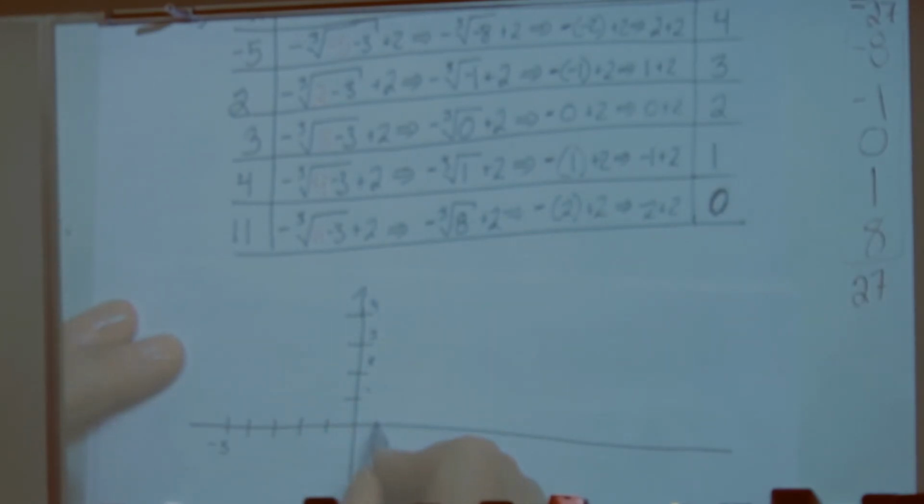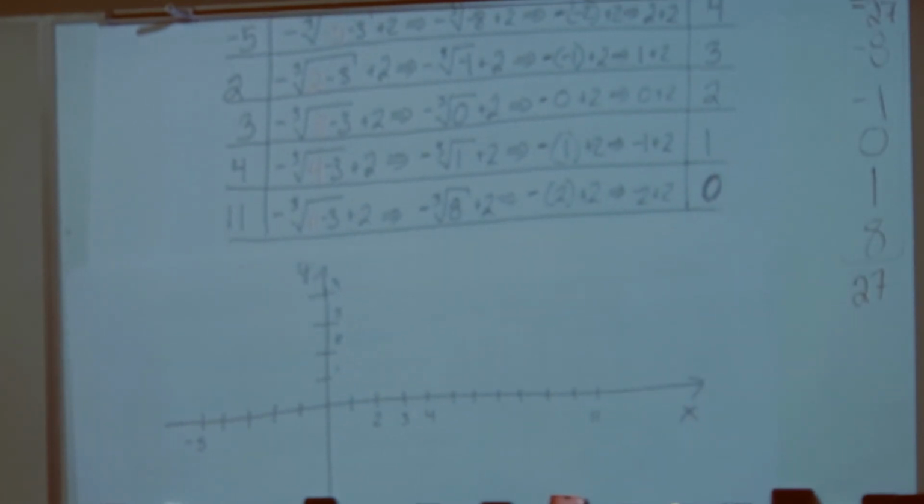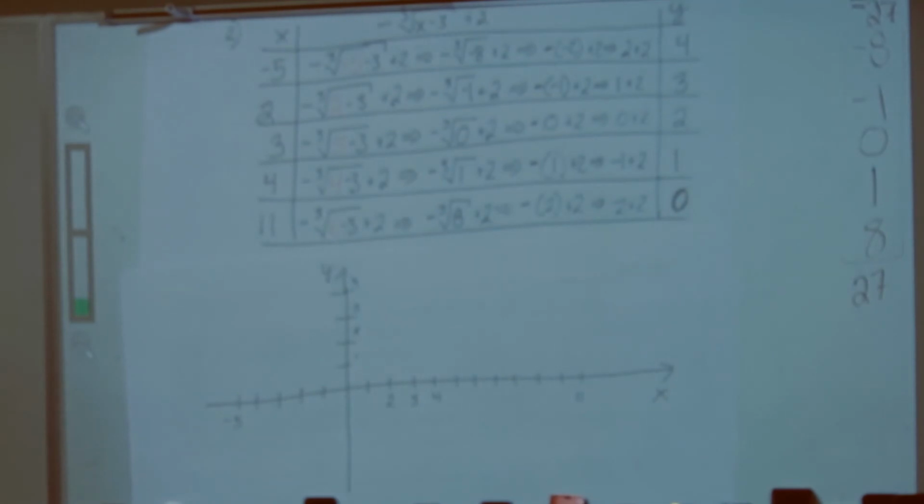Let's see, so 1, 2, 3, 4, 5, 6, 7, 8, 9, 10, 11. There's my x-axis, that's my y. I'll zoom out a touch. And again, just plot your points first to make sure that you did not mess up.